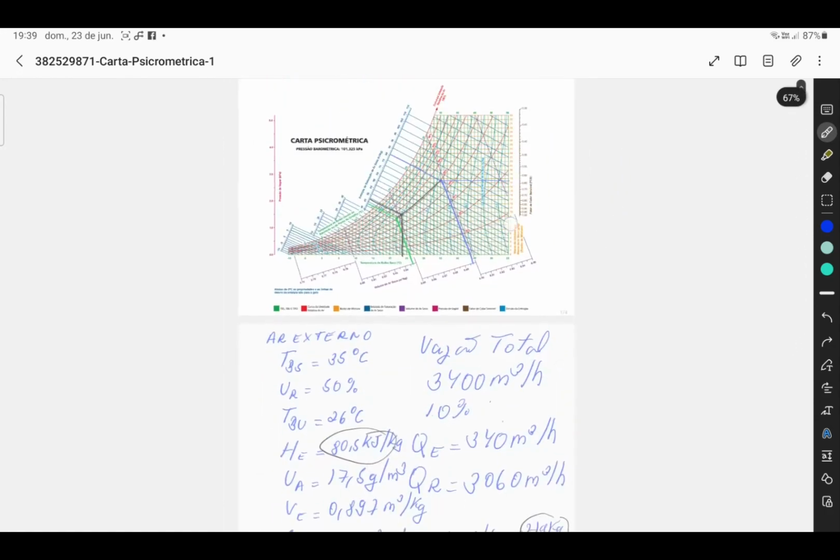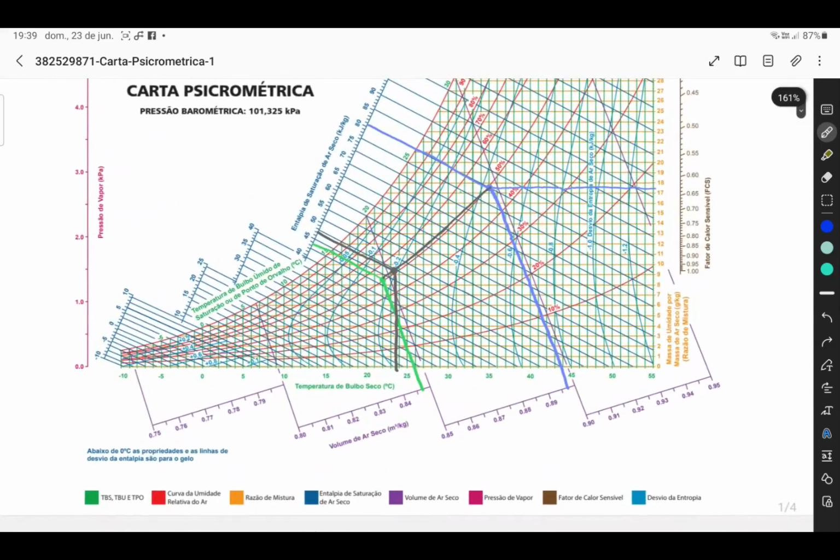So now we have the characteristics of the air that will enter our coil, but now we will have to cool this air and also dehumidify this air. So we realized that our project, our thermal load, told me that we needed to provide a flow of 3,400 cubic meters per hour, at a supply temperature of 12 degrees, with a relative humidity of 90%.